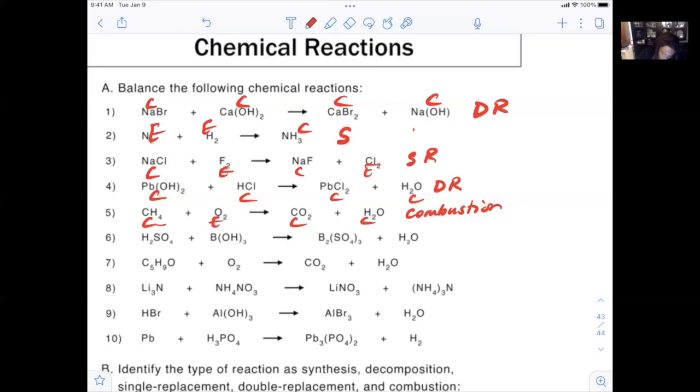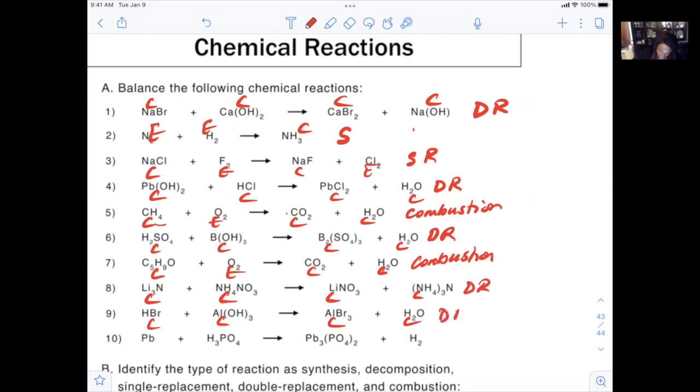See? And there's your carbon dioxide and water, because you have your fuel here, right? Compound, compound, compound, compound: double replacement. Compound, elements, compound: combustion. Right? Compound, compound, compound, compound: double replacement. Element, compound, elements: single replacement.